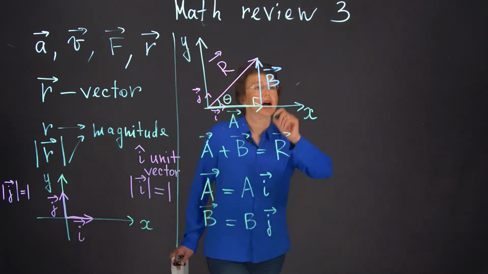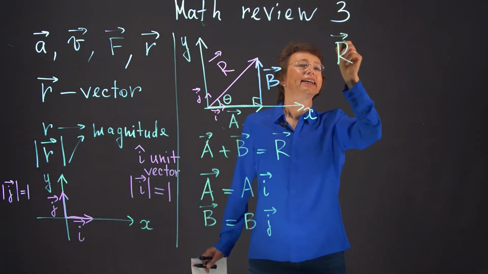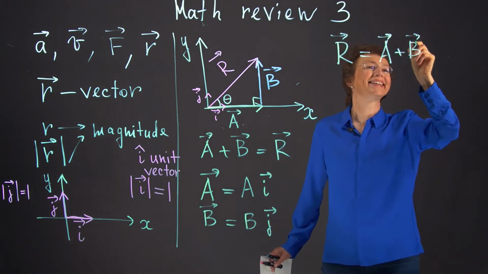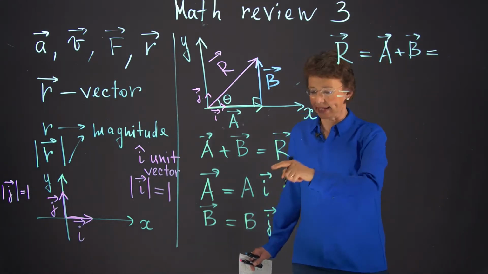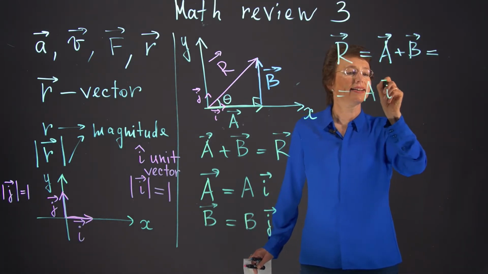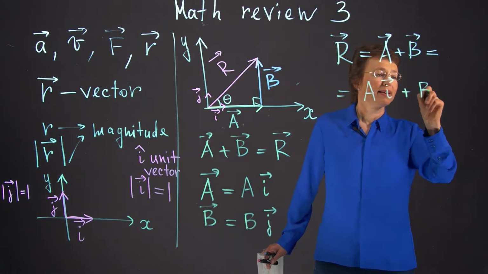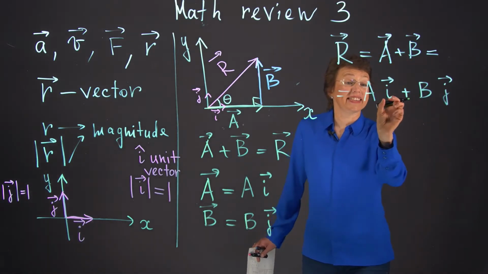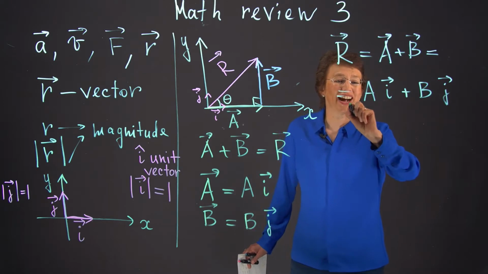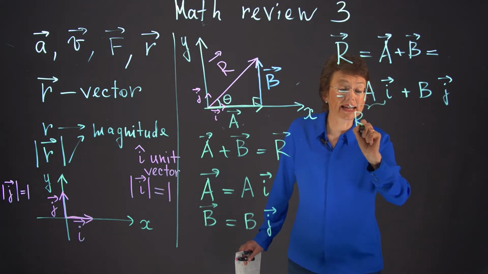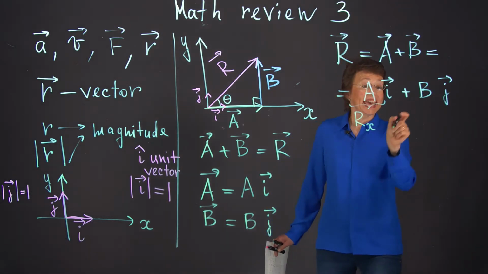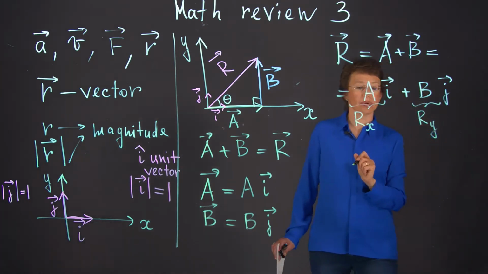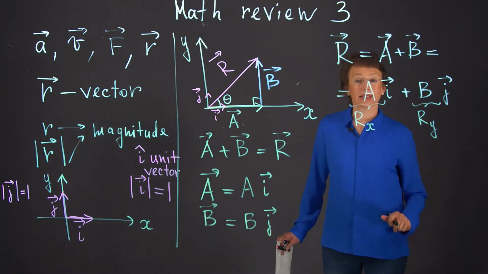So now what is vector R? Vector R, since it is A plus B, is at the same time A i plus B j, and everything that I have in front of unit vector i is called x component of vector R. And the guy that is in front of j is called y component of vector R, R sub y.